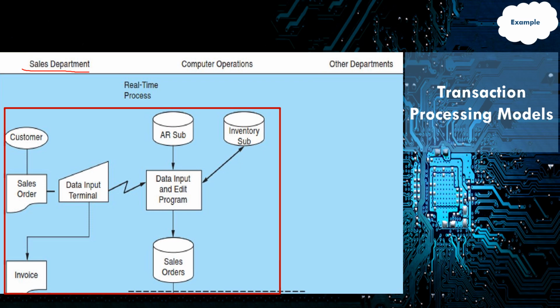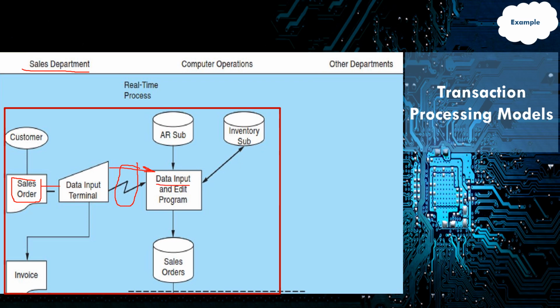The sales come first from a customer order. So we have the source document, the sales order, then we key it into the system through the data input terminal, and this zigzag arrows representing the real-time update. At the same time, if it is a batch system, then it will be straight arrows.